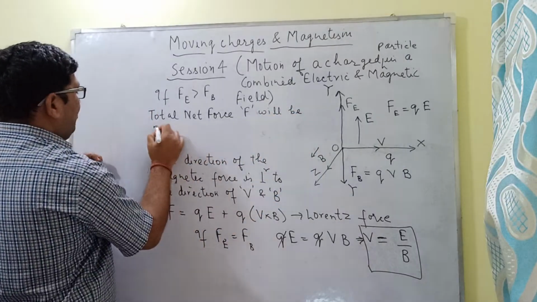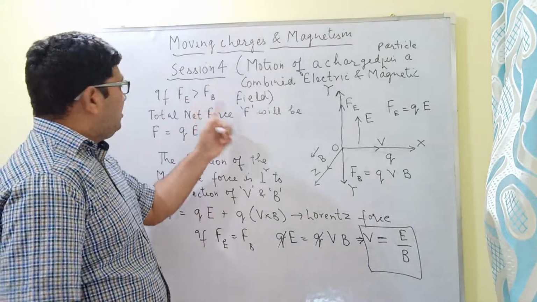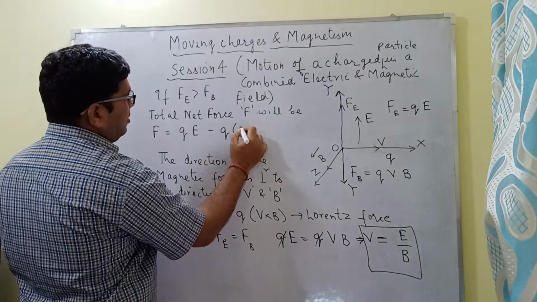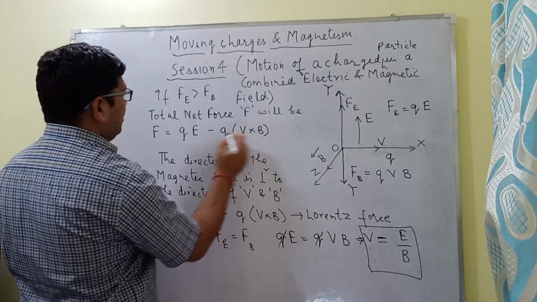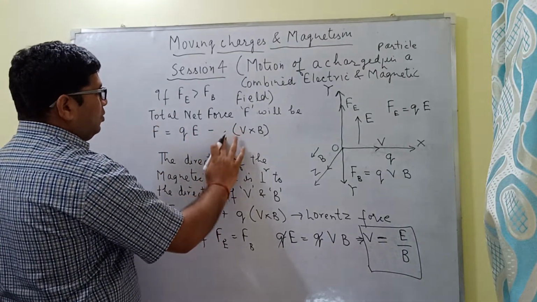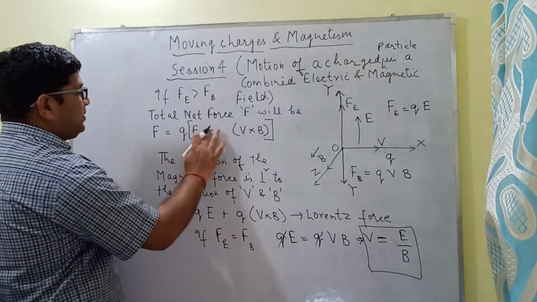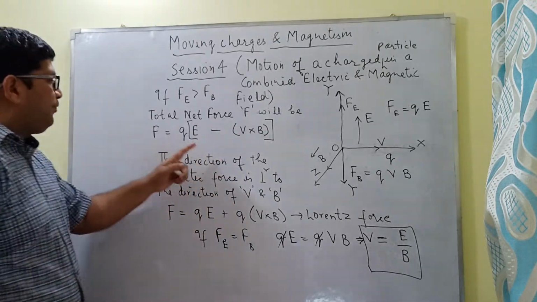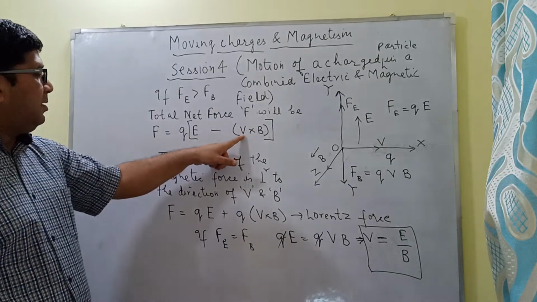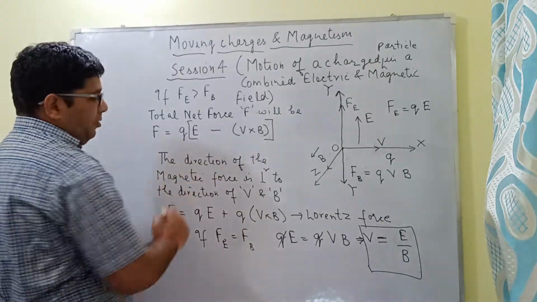F will be equal to QE minus QV into B. ठीक है? और आप इसको ऐसे भी हम लिख सकते हैं, ये Q को अगर हमने कॉमन कर लिया तो ये written as Q into the bracket E minus the cross product of V and B. So ये हम ऐसे भी लिख सकते हैं.